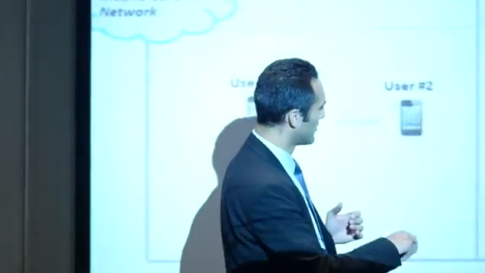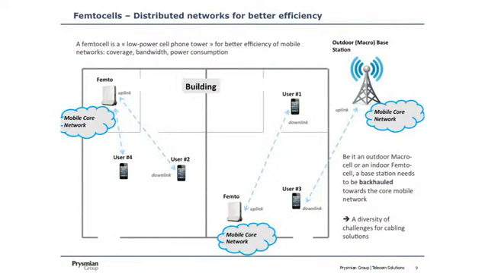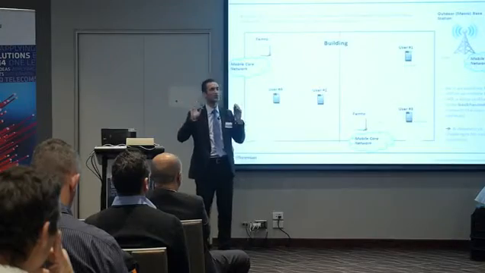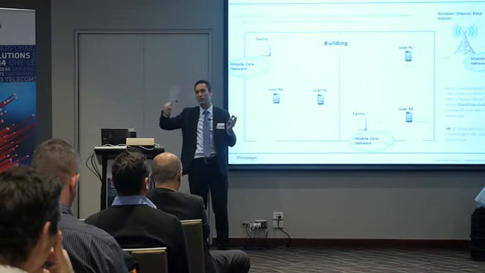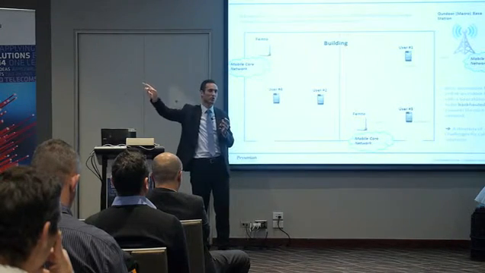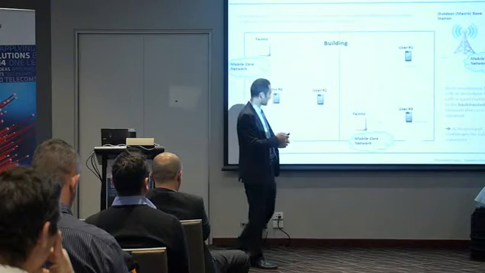So what they do is the operators place femtocells directly inside the buildings. So your telephone is getting to the femtocell inside, and then the femtocell is backhauled by the network inside the building, and then goes to the outside. So you don't need to cross the windows and lose 10 dBs or 20 dBs in crossing a window and go outside to talk to the macro cell.